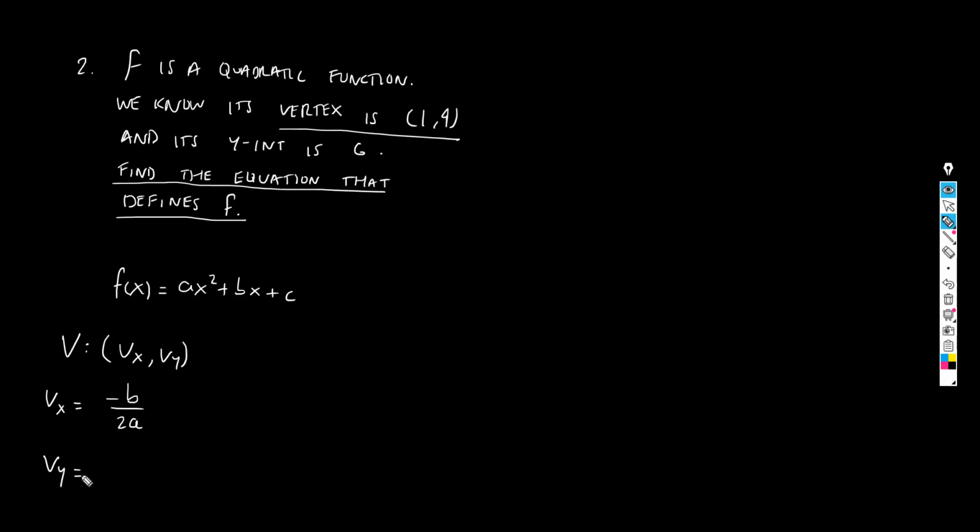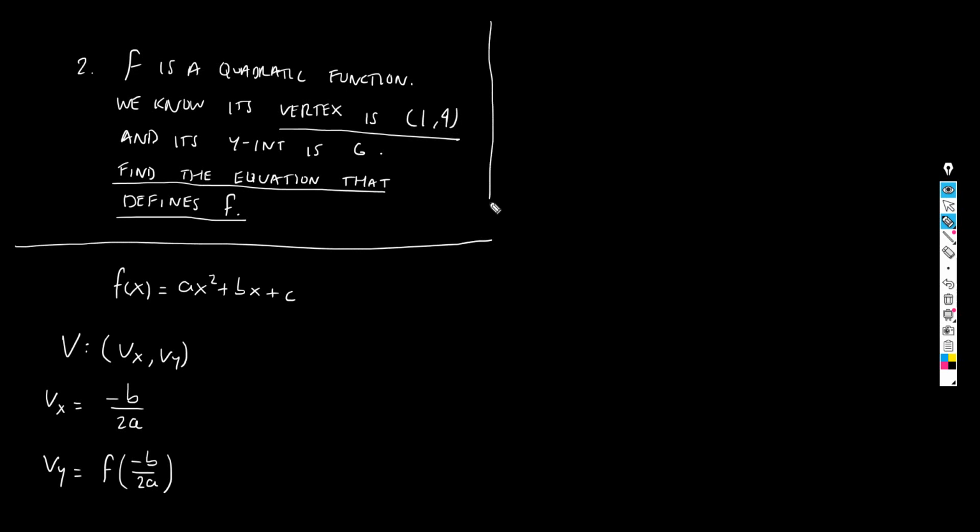And I know that the y-coordinate of the vertex is the function evaluated in such number, minus b over 2a. So if I'm given the vertex, which is (1, 4), I can do the following.